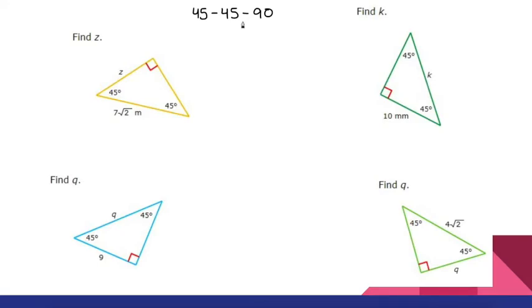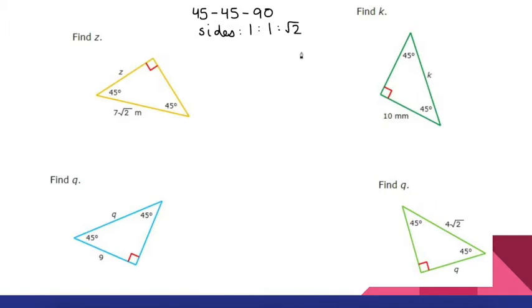And in a 45, 45, 90 triangle, we know that the length of the sides are always in ratio 1 to 1 to root 2. And then it can scale up from there.